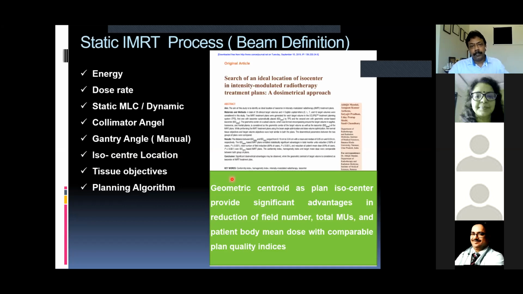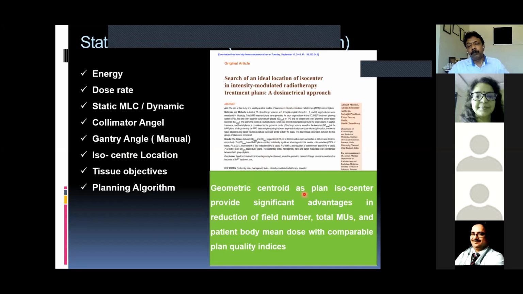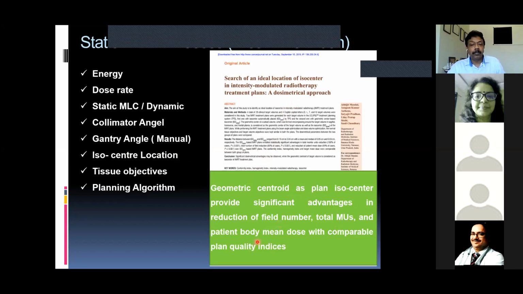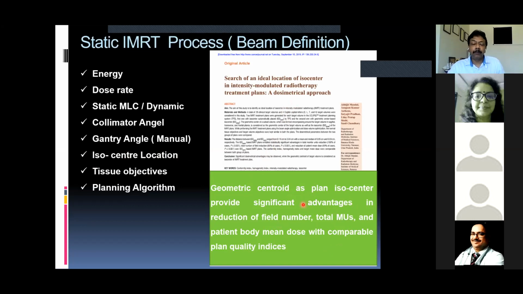So we have tried to find what should be the optimized and ideal isocenter for intensity modulated radiotherapy. We have observed that placing the geometric centroid of the target at the plan isocenter gives significant advantages in reduction of field number, total monitor units, and patient body mean dose. It means you can reduce the integral dose of the patient by only a small change in the location of the isocenter in intensity modulated radiotherapy.